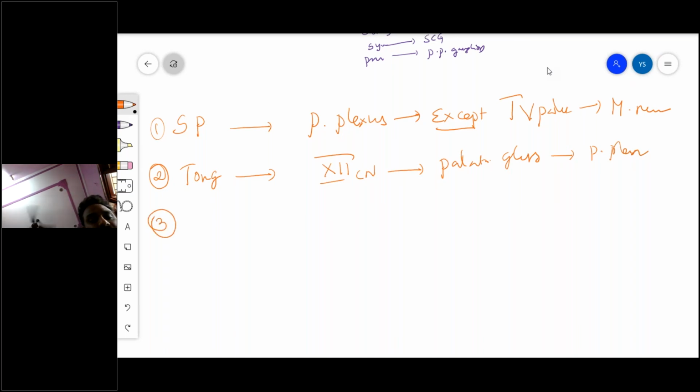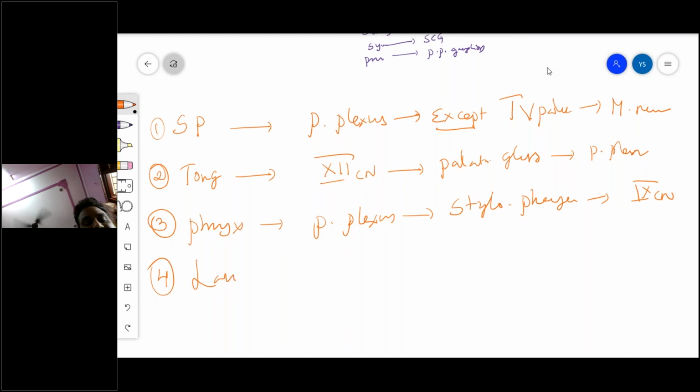Number 3, all muscles of the pharynx are supplied by the pharyngeal plexus again, except stylopharyngeus, supplied by the glossopharyngeal nerve. Similarly, all muscles of the larynx are supplied by the recurrent laryngeal nerve, except cricothyroid.